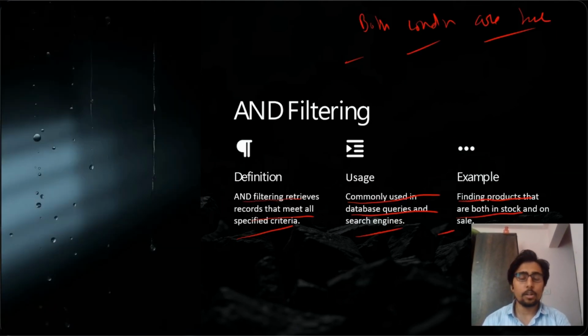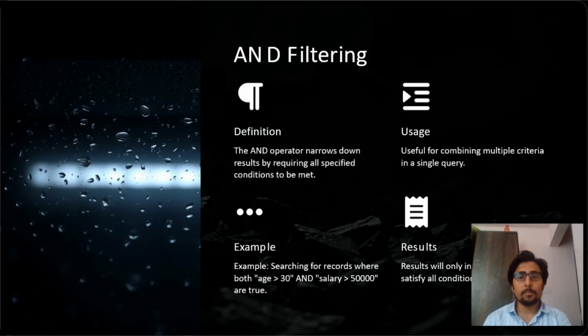We'll be discussing other queries for that in the coming times. The AND filtering example is searching for records where both age is greater than 30 and salary is greater than 50,000. It will return the records of employees where both conditions hold.